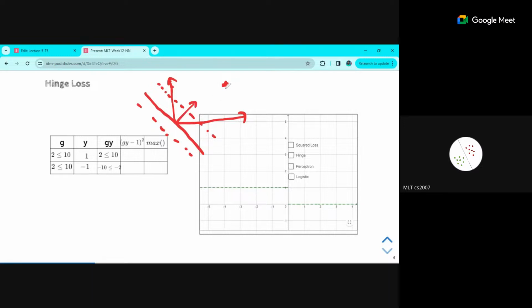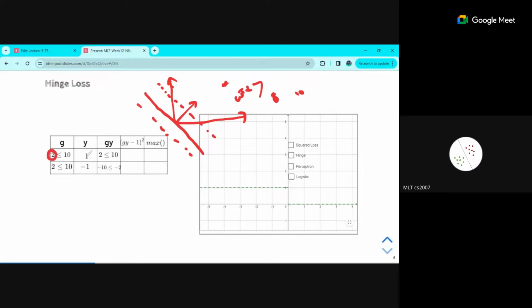My W transpose X will be greater than 1. Based on how far the point is, my W transpose X value can keep increasing. It can be 8, it can be 10. If it is very far away from the decision boundary, then the W transpose X value will be high. So it is possible that values can increase.